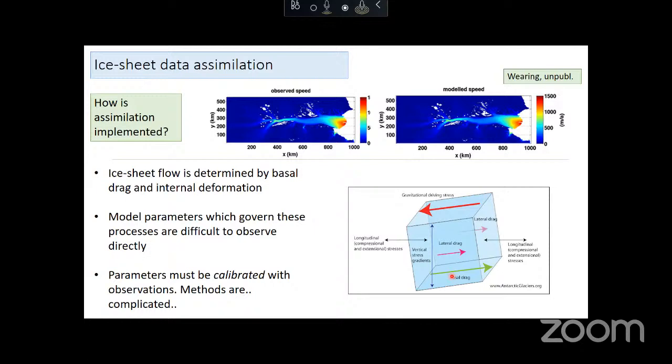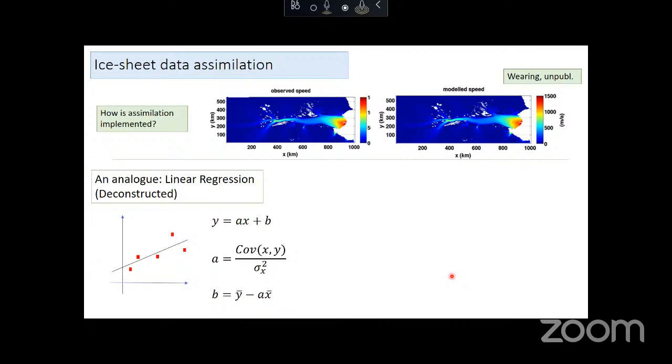So I'll use an analogy, an analog, I guess, of linear regression. Now, linear regression is something that I think most, if not all of you, have come across before. But if we break it down, it's not too different than more complex methods of assimilation.